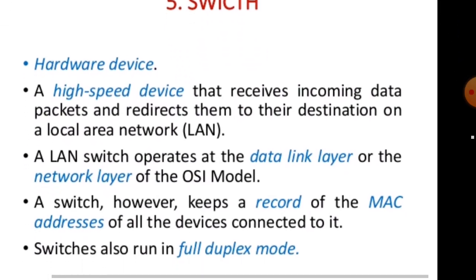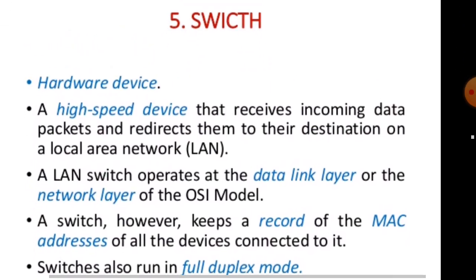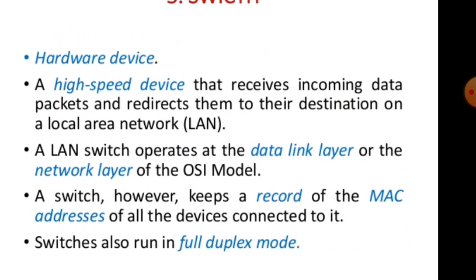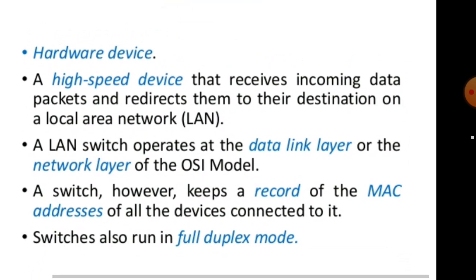Next network device is switch. It is a hardware device, a high speed device that receives incoming data packets and redirects them to their destination on a local area network, that is LAN. A LAN switch operates at the data link layer or the network layer of the OSI model.